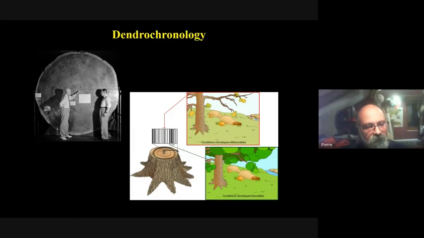But what it is very interesting is that the thickness of the circles depend of the climate and the climatic event, the climatic change occurs during the life of the tree. If we have one very bad year for the tree, for example, dry event or a very cold event, the thickness of the ring, the tree ring is very small.